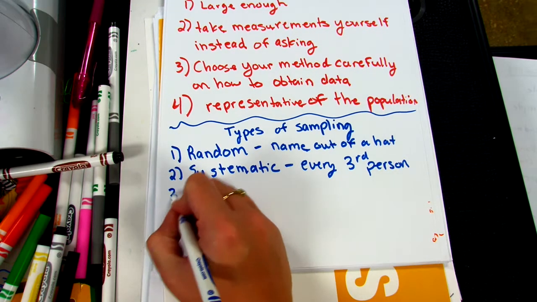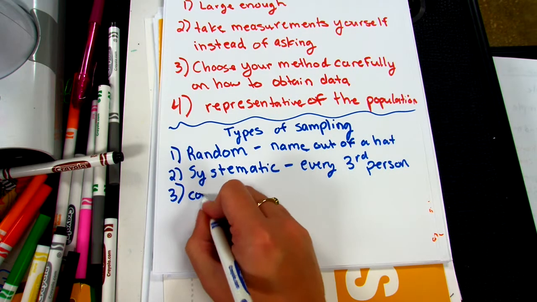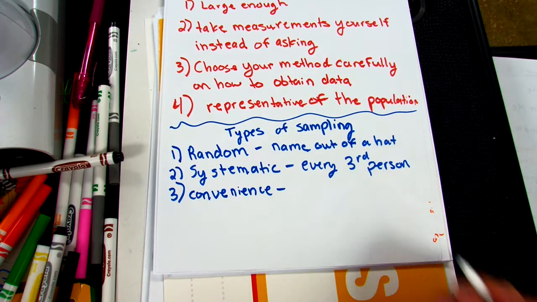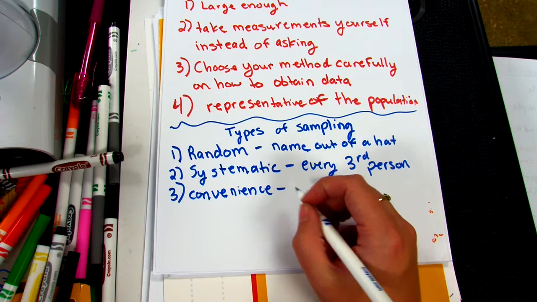Okay, the third type would be convenience. So for example, if I wanted a group to present, I'm going to choose the table next to me because they're right next to me and it's convenient for me because I can pick on them first, right? So convenience.